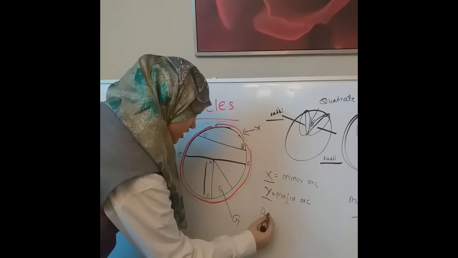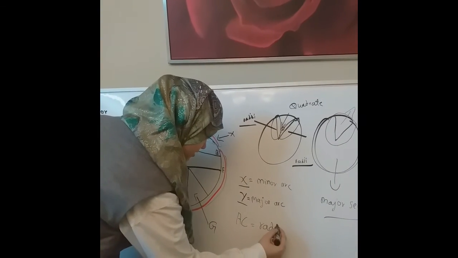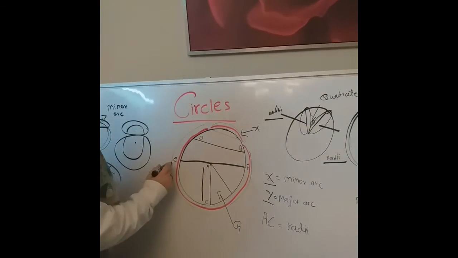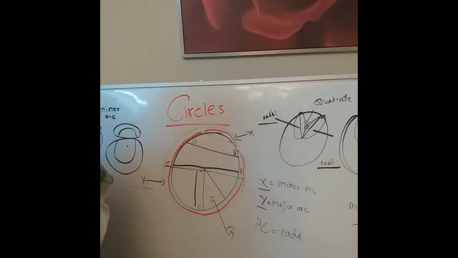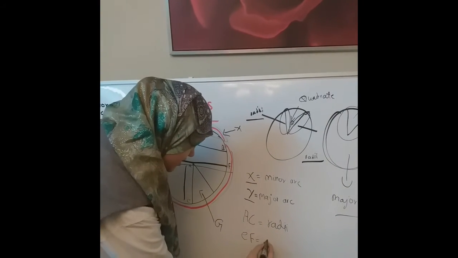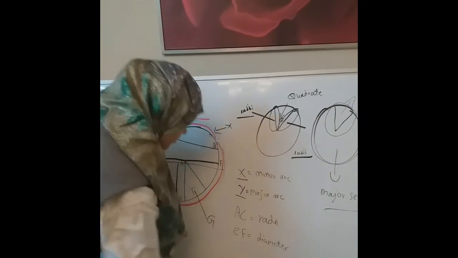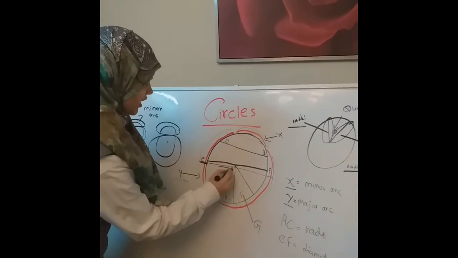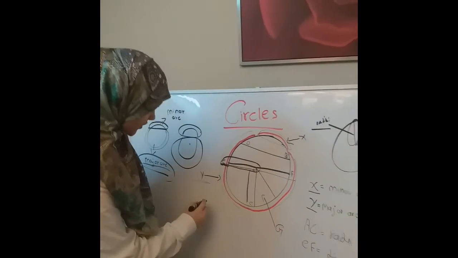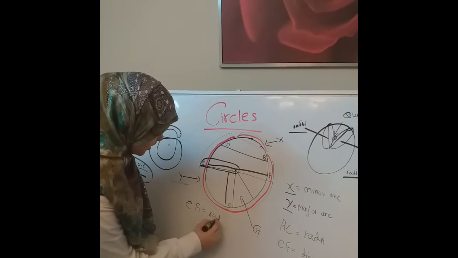From A to C, it is a radius. Okay? What about E to F? E to F is a diameter. Okay, what is from E to A? E to A is also a radius.